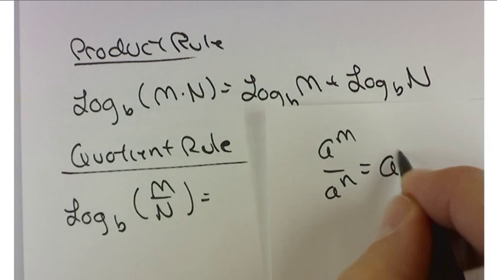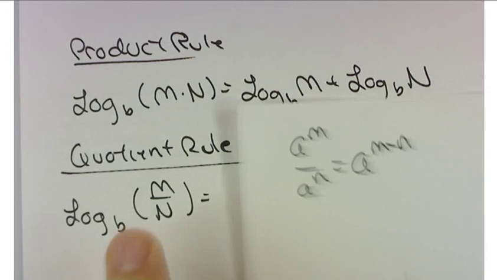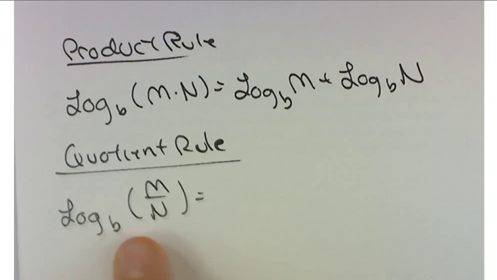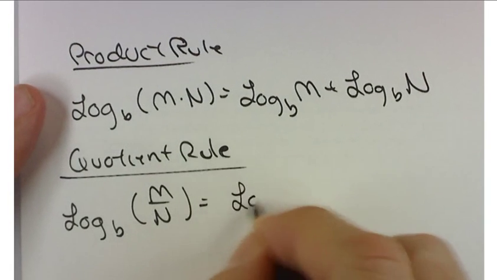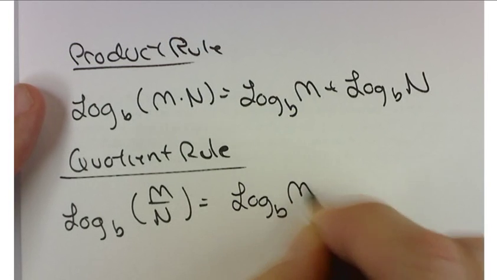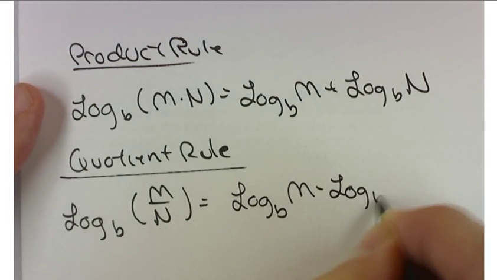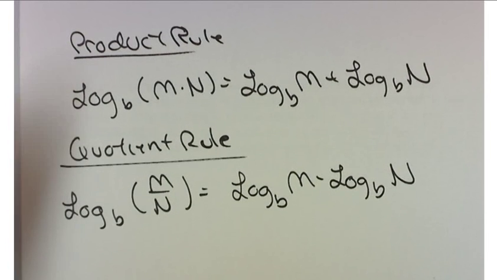You subtract them. And I'm going to do the same thing with the logs. So this is going to become the log of the numerator minus the log of the denominator. And I keep on writing base b because these properties of logarithms hold true no matter what the base is. It could be base 10, base e, base 6, base 2, base 3. Anything as long as b is greater than 0 and different than 1.